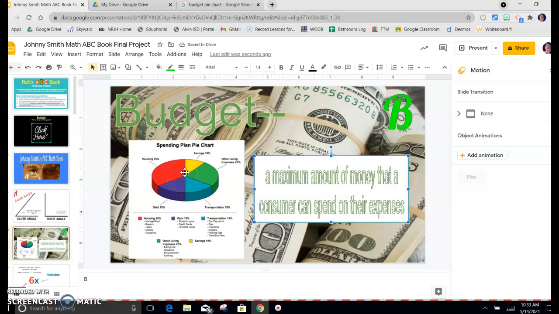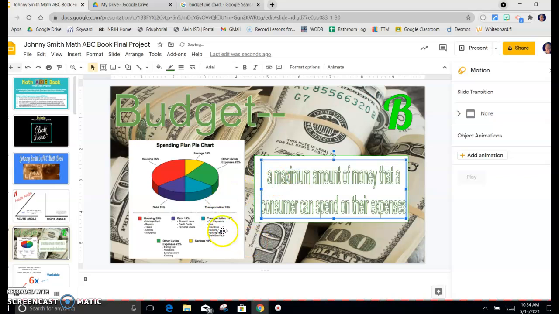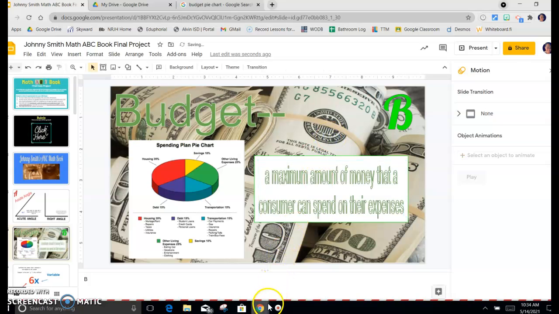Yes, I am. Okay, spending plan pie chart. Here's the breakdown of most common people's expenses. And an example is, let's add, this is not centering like I want it to center. Okay, I guess that looks good.